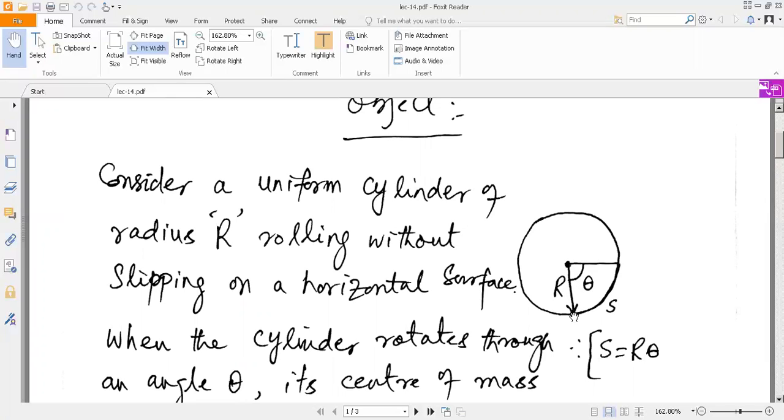And if this cylindrical object executes a rolling motion, and after time t it covers a distance s, then this s in the translational motion can be related with the displacement of the angular motion, which is theta, by a well-known relationship s equal to r theta.